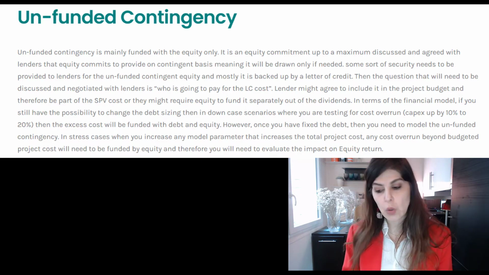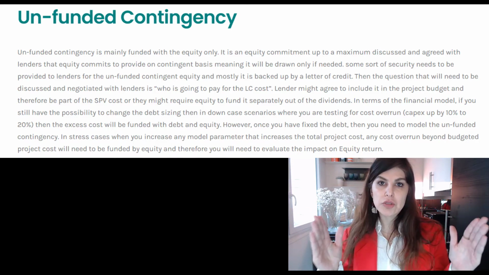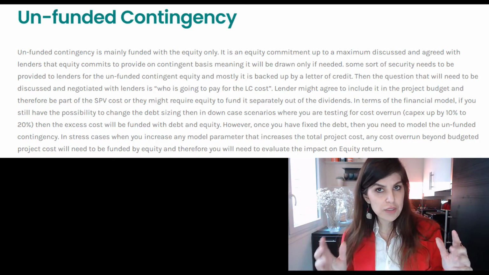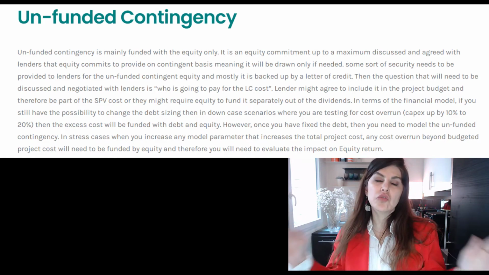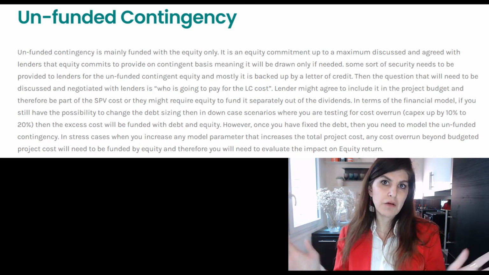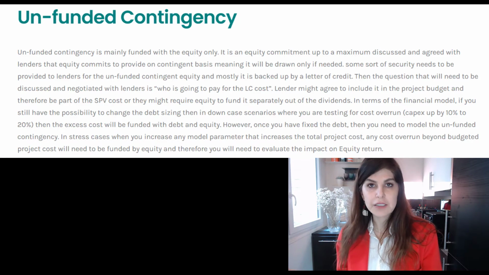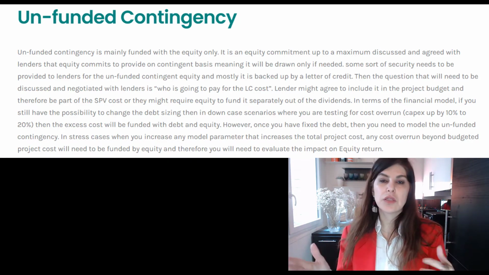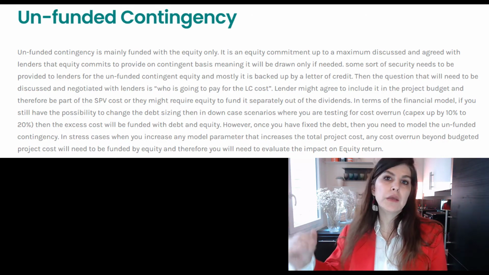Okay, so as we said, the first discussion is the sizing of that unfunded contingency. And the next discussion is for how long you need to keep it. At some point the sponsor will say, okay, enough construction is done, so we need to close this. But that's also a discussion you need to have. Sometimes lenders might require it to be there up to 1 year beyond construction.